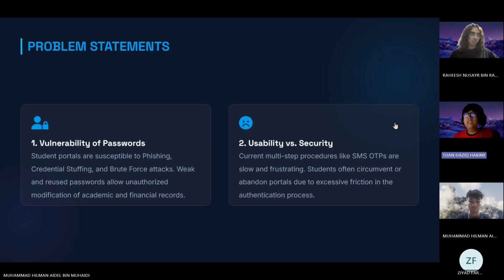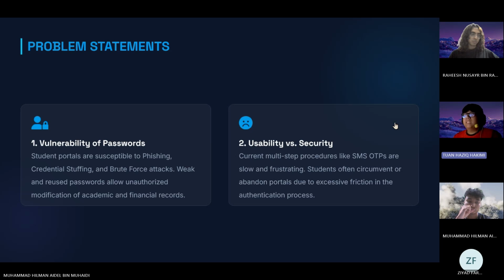The second one is the usability and security friction gap. When universities do try to fix passwords, they usually add multi-factor authentication or MFA, most commonly in the form of SMS OTP codes sent to our phone. As a student, we have all experienced how frustrating this can be.